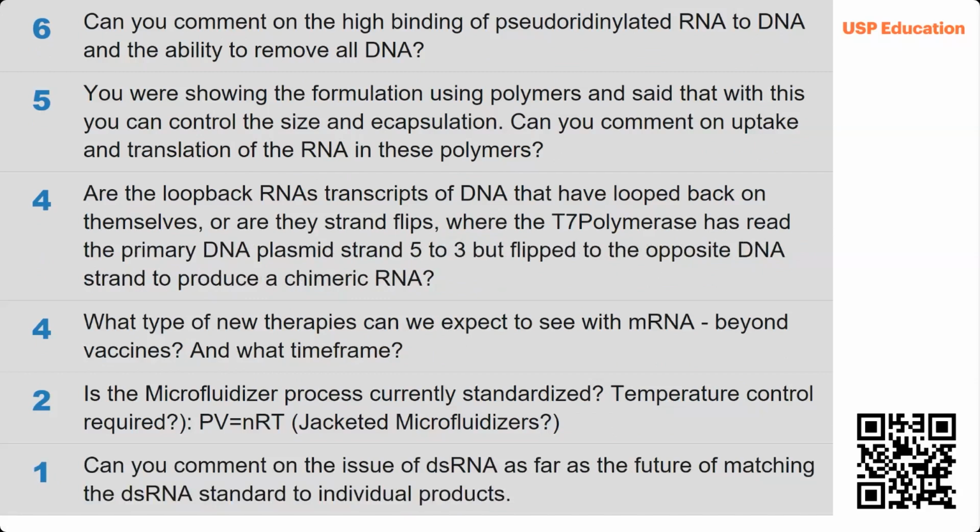So you can determine what to expect in your product. Based on the sequence, you can make a guess as to what it might look like, and some of those 3D structures, those secondary structures, can be predicted.